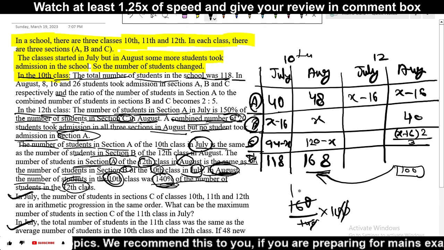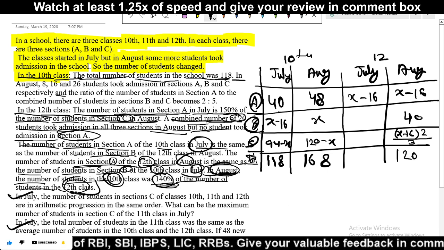So we calculated 120. Here the total number of students in 12th class is 120. Okay, up to here we have done all the instructions, extra information, and individual class information also we have used.